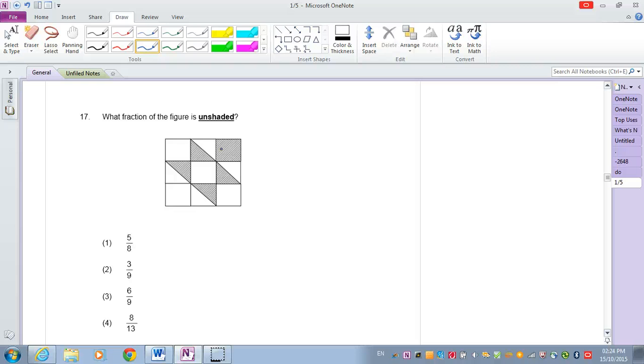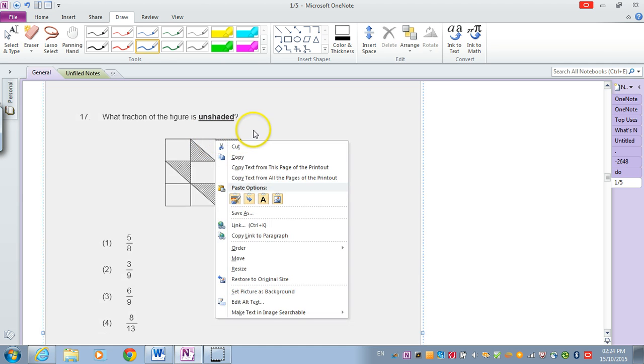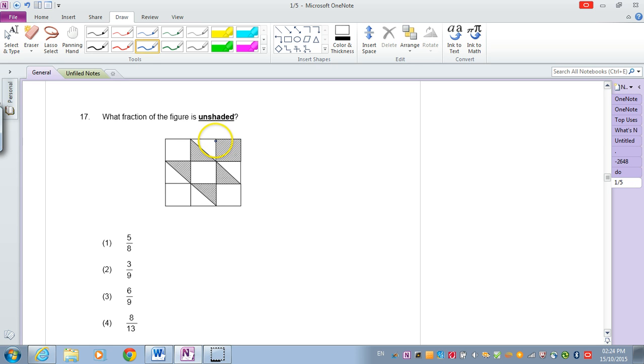We will have to cut each of the squares into triangles. So every one of these squares, you will have to cut into 2 parts. Please make sure you use your ruler to draw it so that it will be neat and tidy.